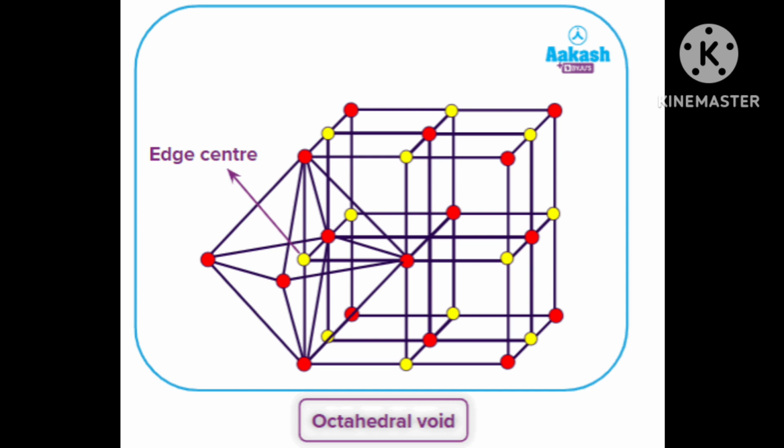So when you consider 1 unit cell, the total number of octahedral voids is 4. In a CCP structure, each unit cell has 4 atoms, so the number of octahedral voids equals this number: 4 atoms, 4 octahedral voids, in a simple way. This I have discussed.